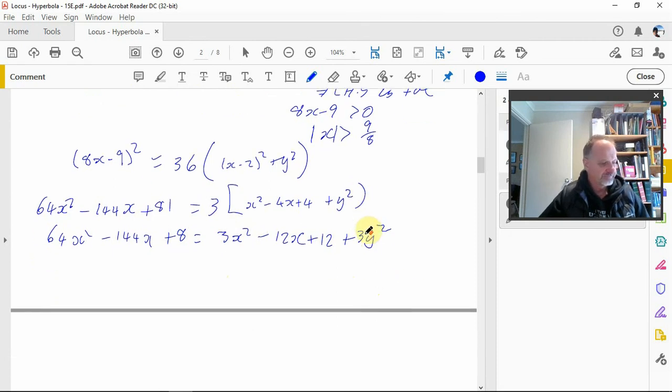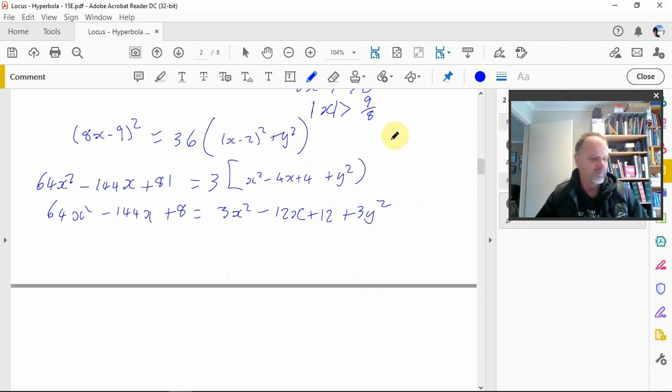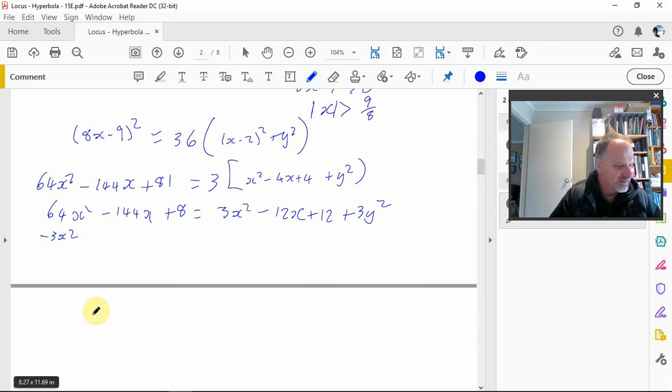All right, let's do some stuff here. What I'm going to do is put all the things with x and y onto the left and all the numbers to the right. So I've got 64x squared there, 36x squared, so I'm going to take 36x squared. Oops, lucky I checked my notes there.